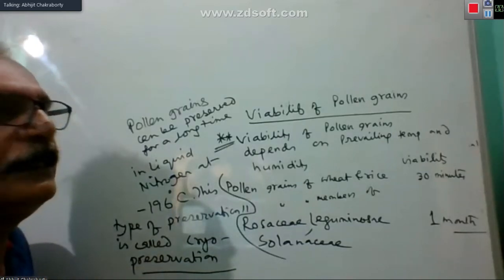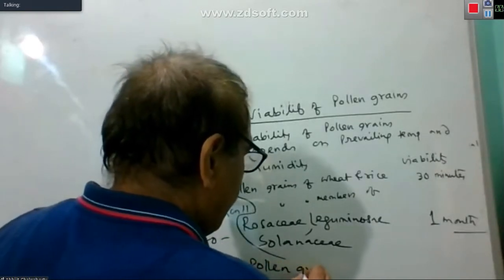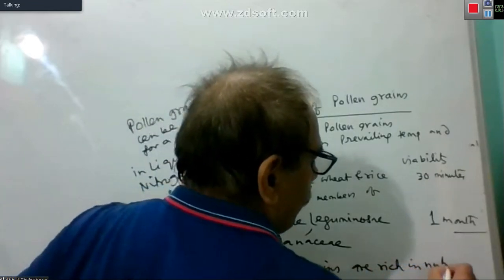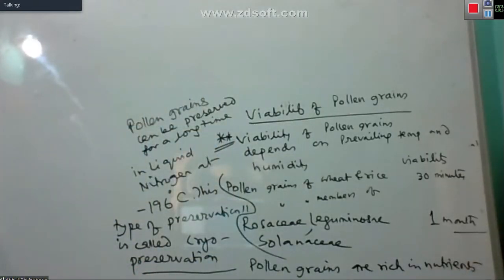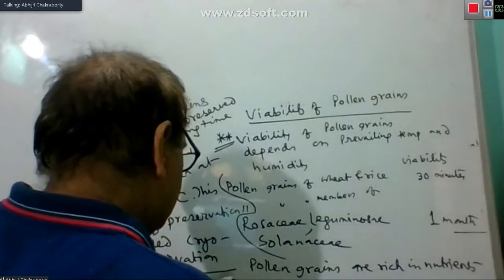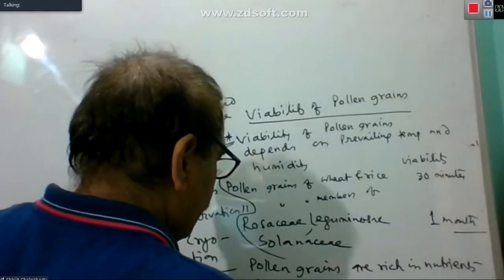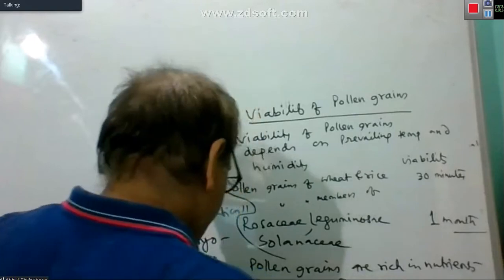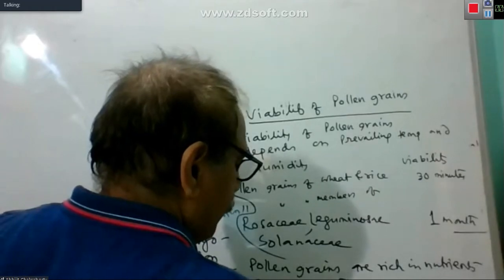Now, you know, pollen grains are rich in nutrients. Hence, they may be used as food supplement.